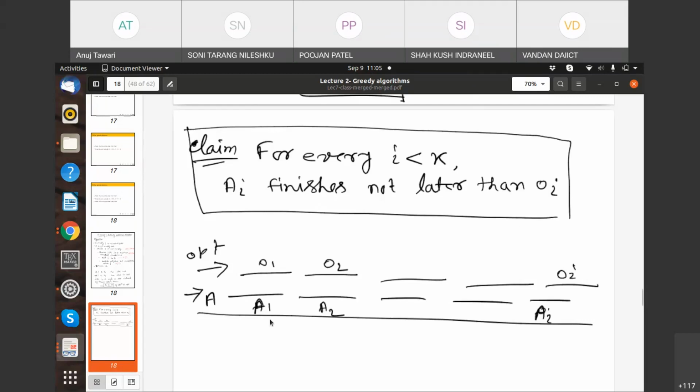Once we arrive at this solution A1, A2, up to Ai, we know that Ai finishes not later than Oi. So A1's finish time is less than O1's, A2's finish time is less than O2's, and so on. And what else do you know? That we couldn't have picked any other job after this. There is no further Ai, right? Because that just follows from this property.